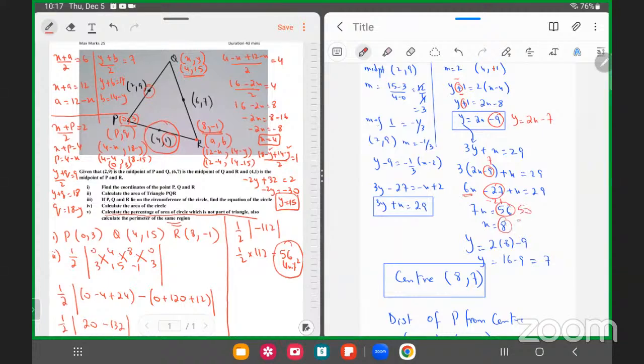So x is 50 upon 7. 50 upon 7 multiplied by 2 minus 9, 37 upon 7. So the center will be 50 upon 7, comma 37 upon 7.